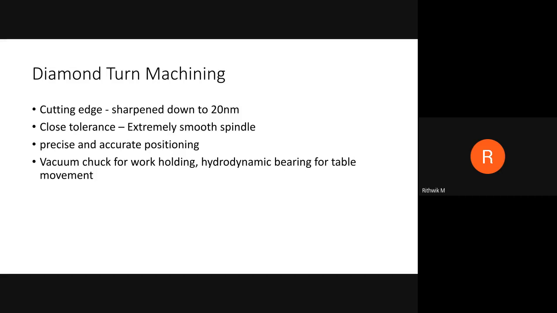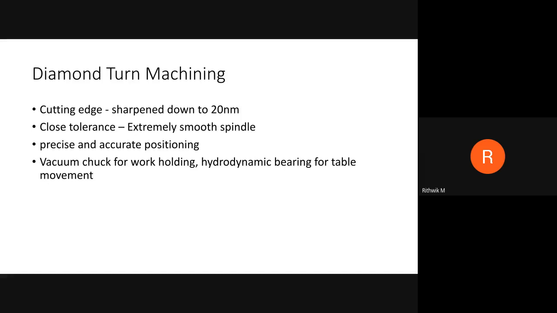There we use a single point crystal diamond tool for the turning operation, and the cutting edges are sharpened to the range of 20 nanometers. Due to that, we will be able to have close tolerances, precise, accurate positioning, etc.